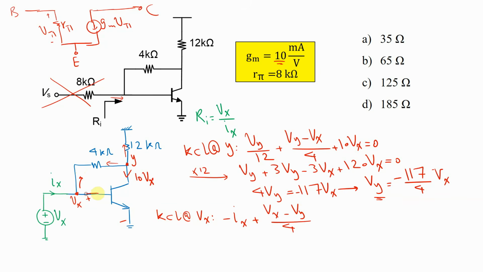And how about this branch? This includes R pi, as you see in the small signal model. So this is Vx divided by R pi plus Vx divided by R pi, and instead of R pi I'm going to use this one, 8, equals 0.